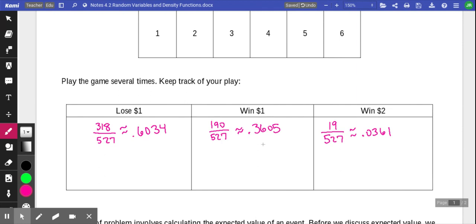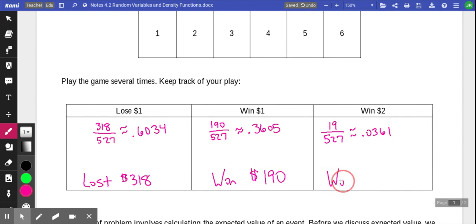All right, now, this doesn't represent all of their totals exactly. This lose $1 shows that the person lost $318 in this scenario. But at the same time, if they played all 527 games, they would have won $190.